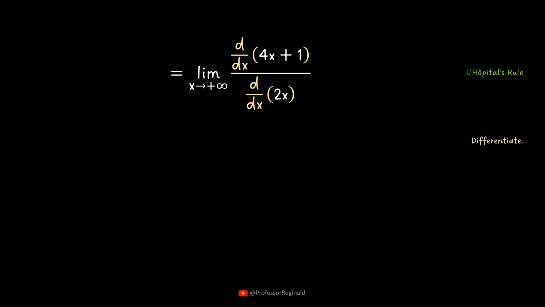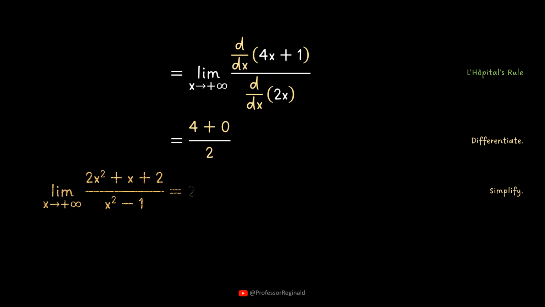Differentiate the numerator and the denominator separately, and simplify. Thus, the limit of quantity 2x squared plus x plus 2 all over quantity x squared minus 1, as x approaches positive infinity, is equal to 2.